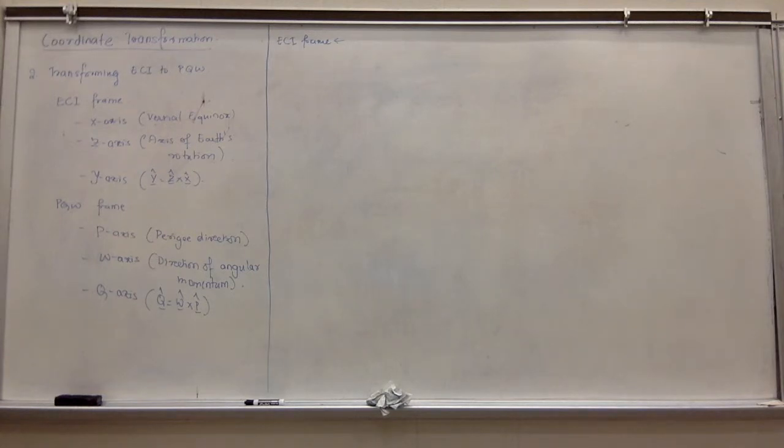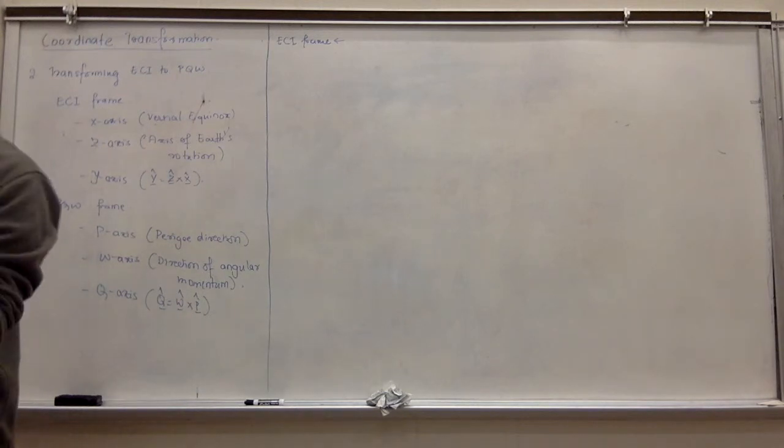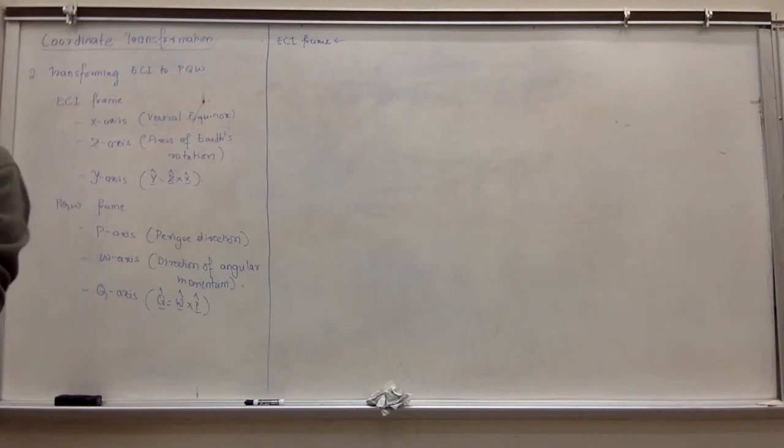X and Y you should define using, now when you say X and Y you should say P and Q. So your P is going up. P is just the direction of perigee. Wherever your perigee is, if this is the perigee, then P would be there, and Q would be coming up.